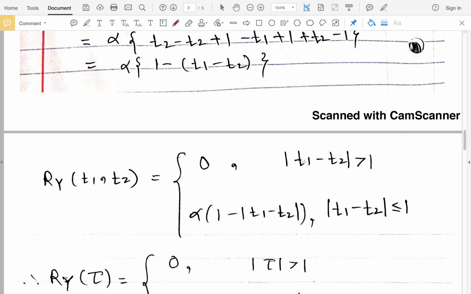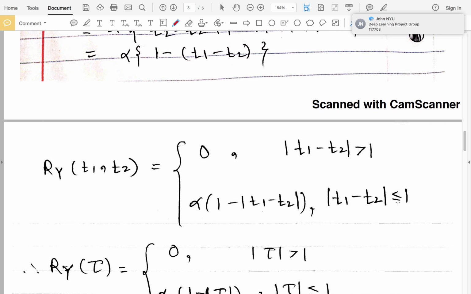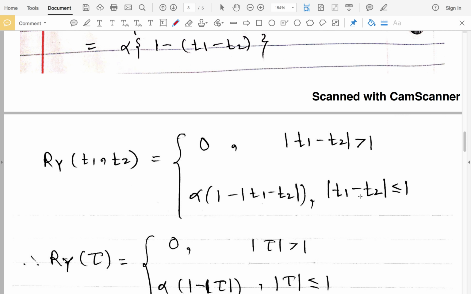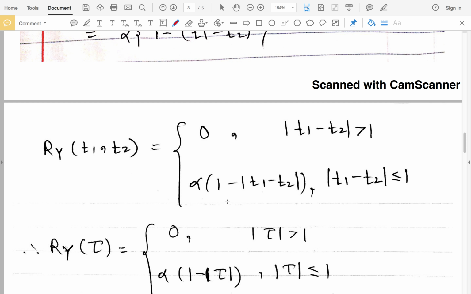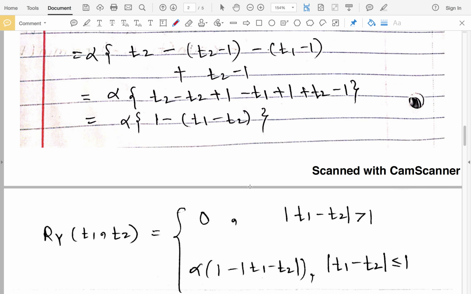Now the first case was when the magnitude of t1 minus t2 is greater than 1, and in this case it is 0. In the second case, t1 minus t2 is less than or equal to 1, as t1 minus 1 was less than t2, so in this second case it will be alpha times 1 minus tau, as we derived here.